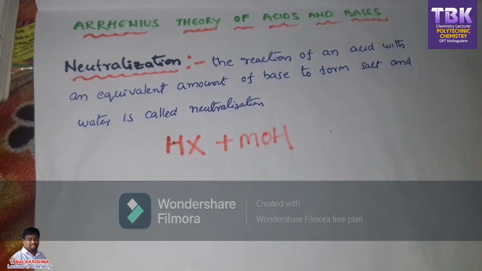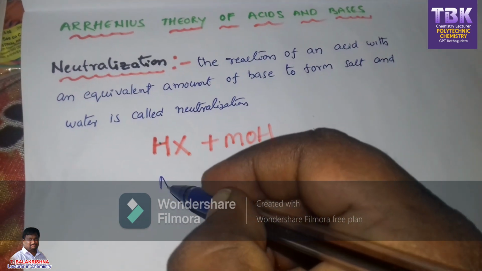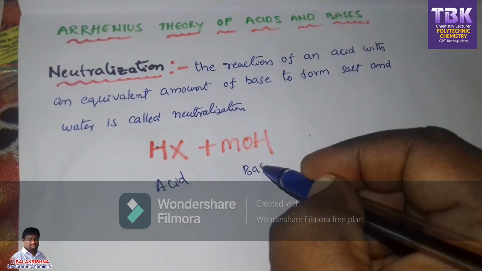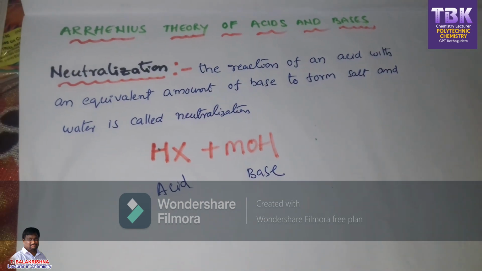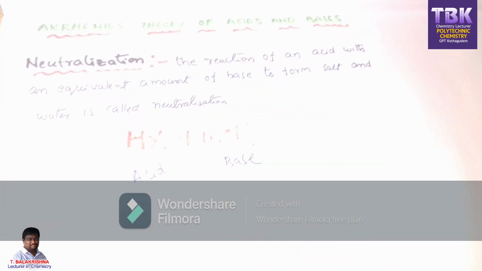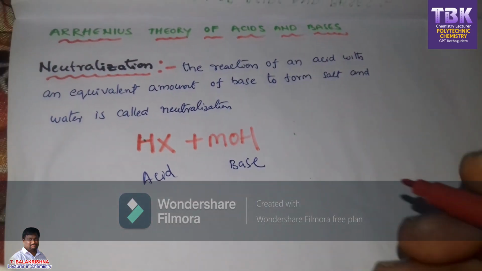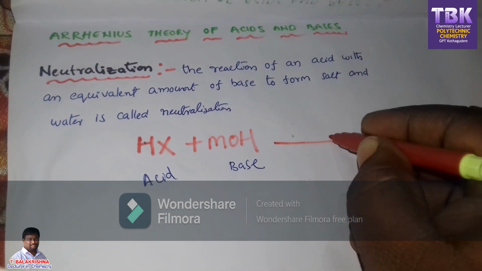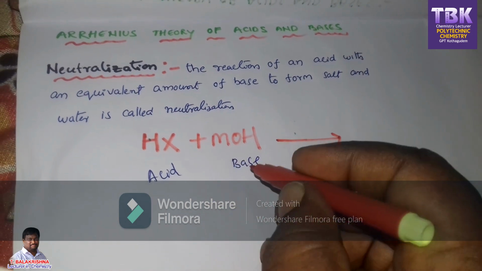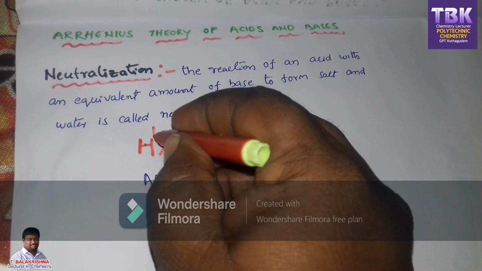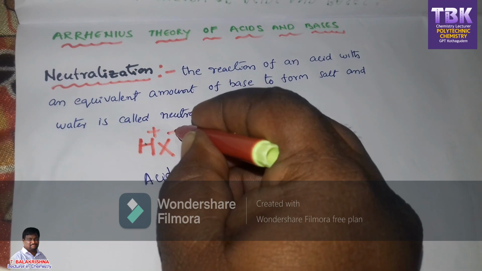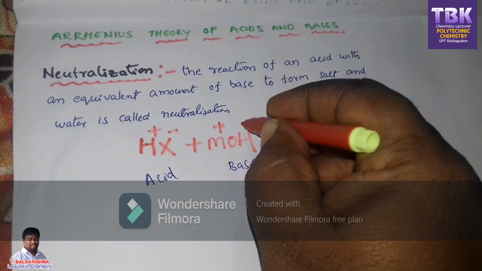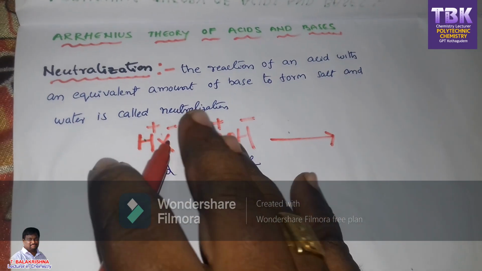The acid reacts with base. It produces salt plus water. The acid contains H plus ions and X minus ions. The base contains M plus ions and OH minus ions.